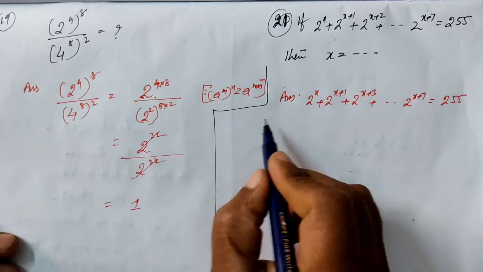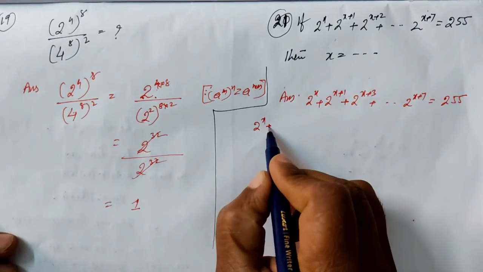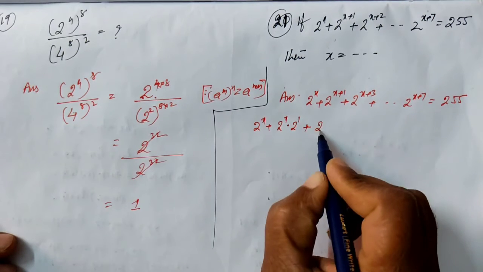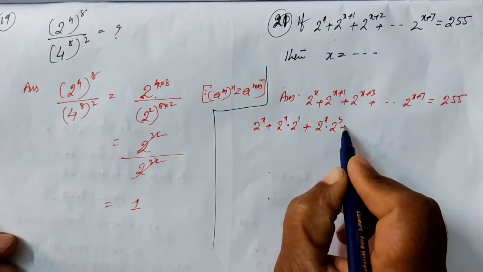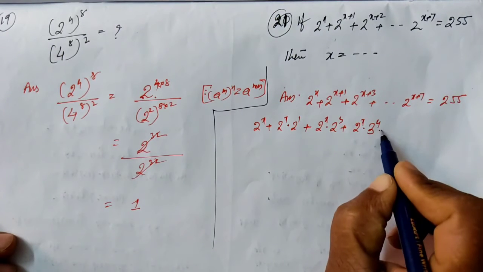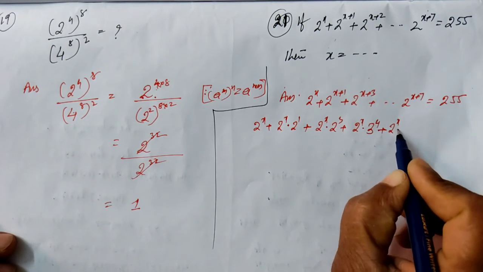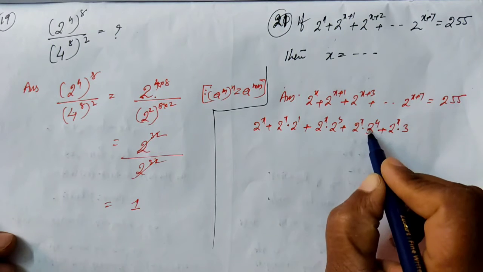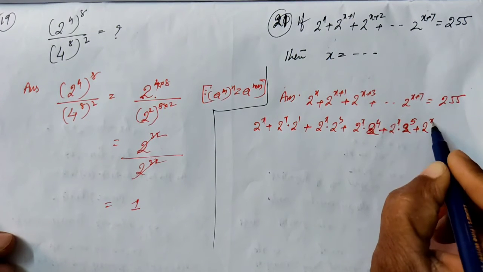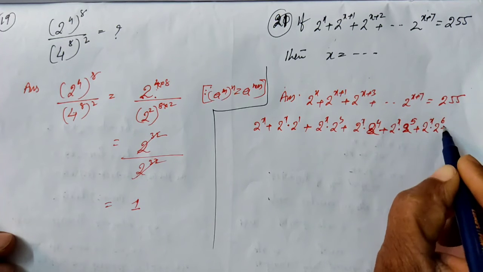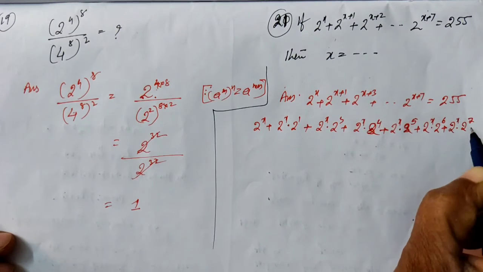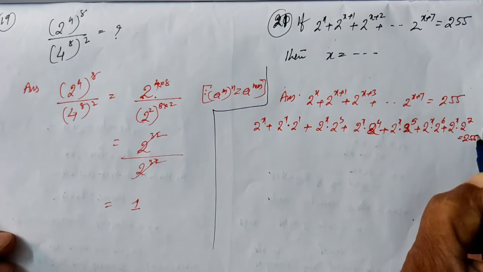So this can be written as 2 to the power of x plus 2 to the power of x into 2 to the power of 1 plus 2 to the power of x into 2 to the power of 3 plus 2 to the power of x into 2 to the power of 4 plus 2 to the power of x into 2 to the power of 5 plus 2 to the power of x into 2 to the power of 6 plus 2 to the power of x into 2 to the power of 7 is equal to 255.